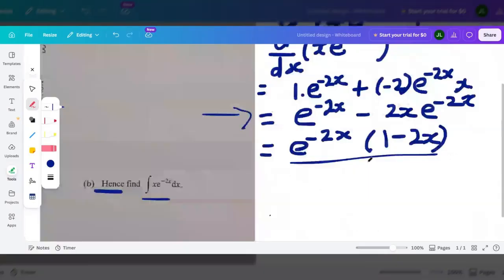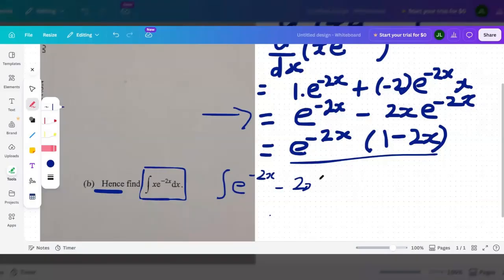Okay? So catch this. I want you to remember we are trying to find the value of this, right? But I want you to do me a small favor. Integrate this. Yes, so we will write that first, okay? So follow me, please. You're going to write the integration of e to the power negative 2x, minus 2x e to the power negative 2x.